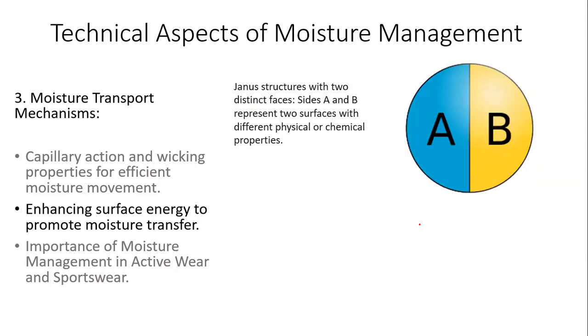And also for moisture transportation, the surface energy enhancement or engineering the surface energy can be done through Janus structures. We call them Janus structures. In a fiber, normally if you look at the cross section, it is uniform. But in this application, they have looked into not actually a sandwich structure. Half of the material is different. Side A and side B are different.